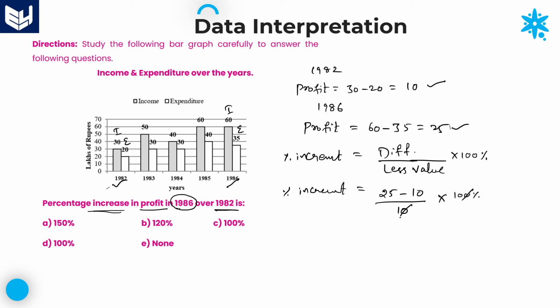So here 0, 0 gets cancelled, which is equal to 25 minus 10, 15. 15 into 10, that is 150. Therefore, the percentage increment in profit is 150 percentage. Option A is the right answer.